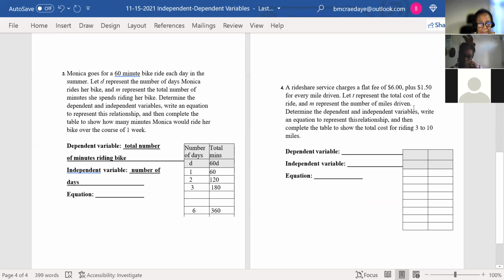Determine the dependent and independent variables. Write an equation to represent the relationship, and then complete the table for the total cost for ride 3 to 10 miles. So this will be your homework.